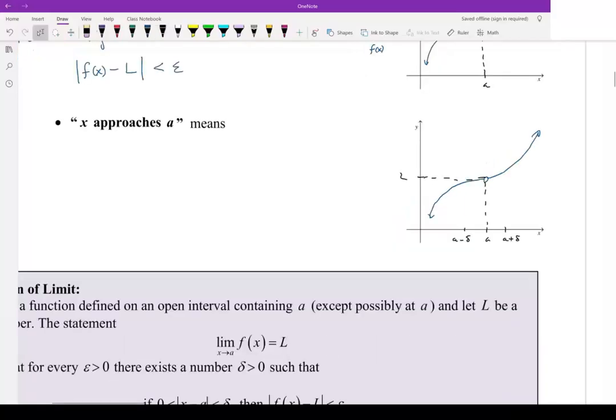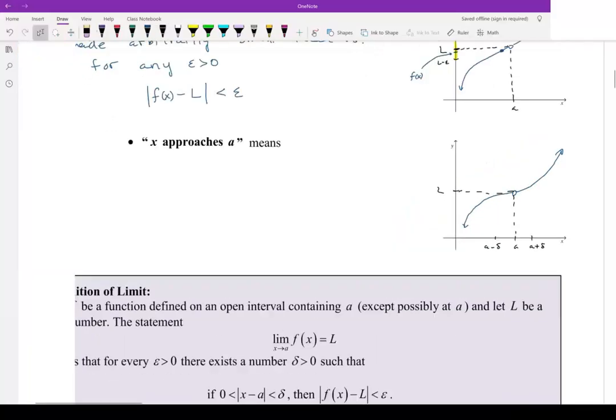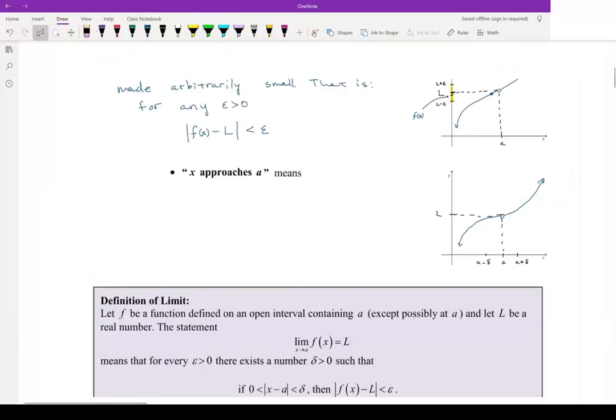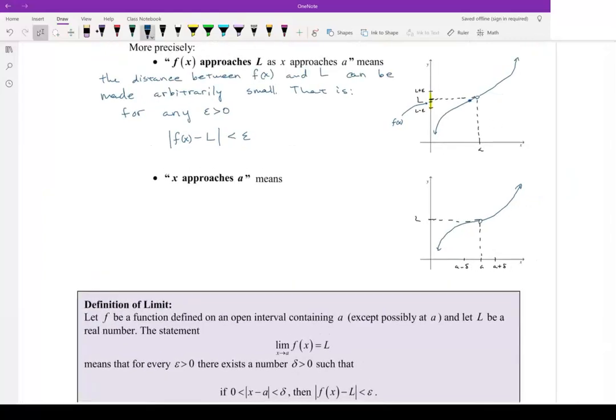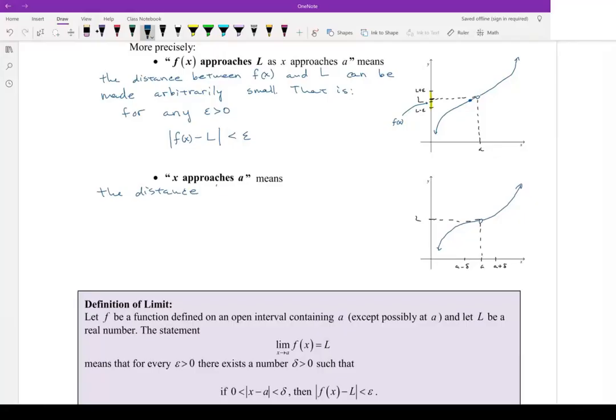And so for x to approach A means, I'm going to write much the same thing we have above. It means the distance between x and A can be made arbitrarily small.